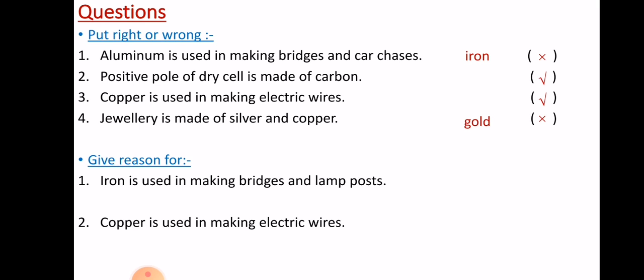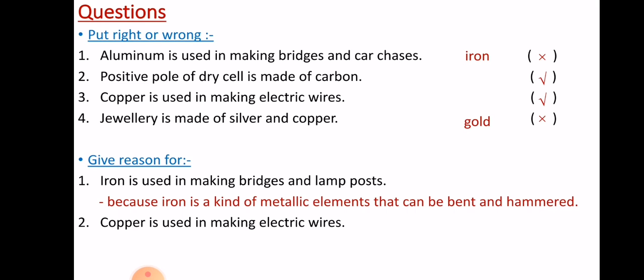Because iron is one of the metallic elements that can be bent and hammered, so it's easily reshaped and we can make from it bridges, car chassis and lampposts. It's a kind of metallic element.